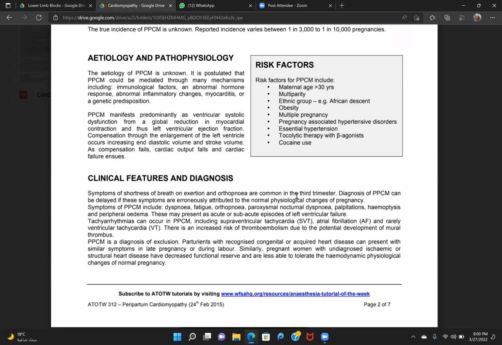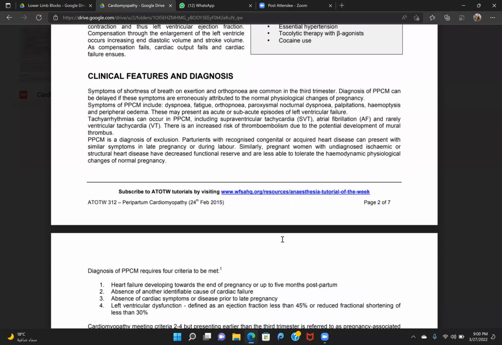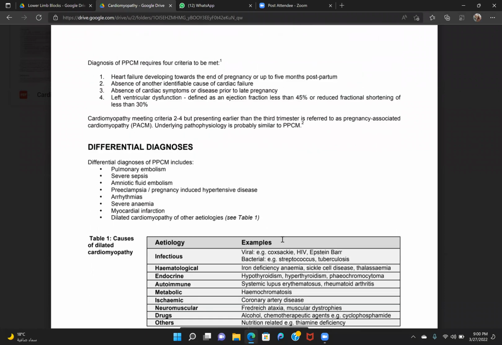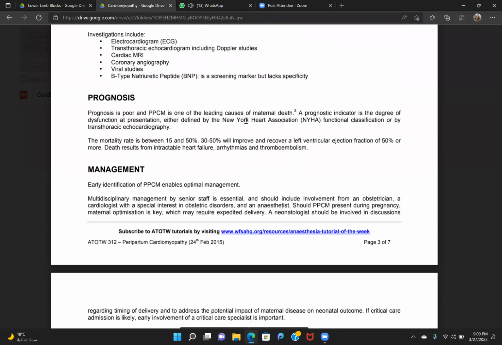Okay, so any arrhythmias can be there. We have discussed these things in our prior discussions as well. And it is a leading cause of maternal death.